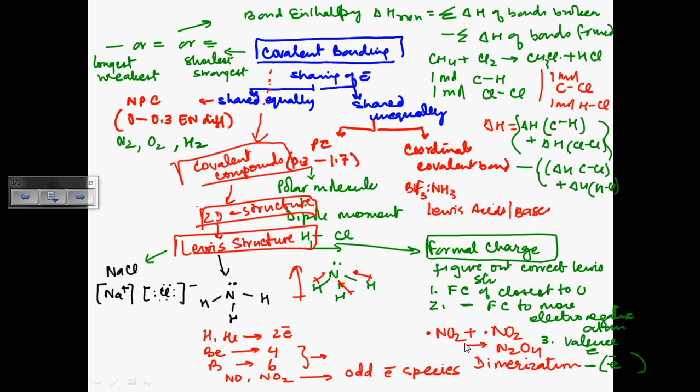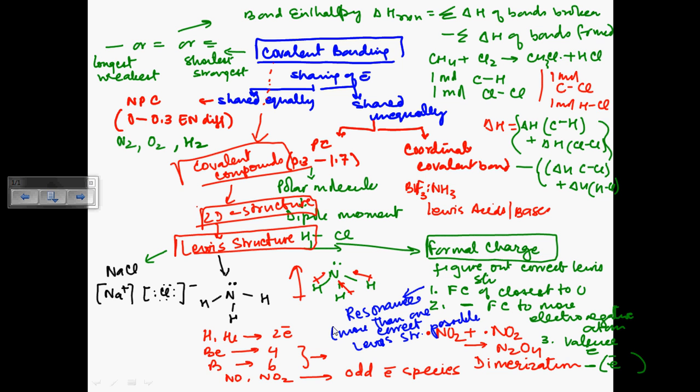Then another thing is, if an atom or a molecule can have more than one structure with correct formal charge, then we call that phenomenon resonance. So what is resonance? Resonance is when more than one correct Lewis structure is possible.